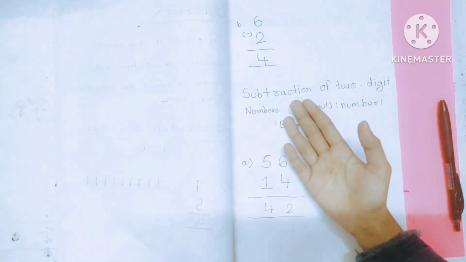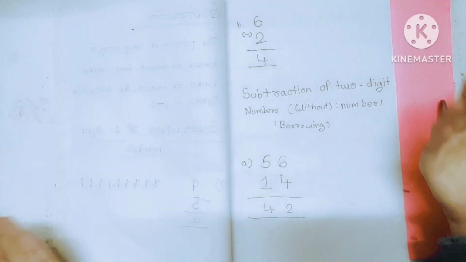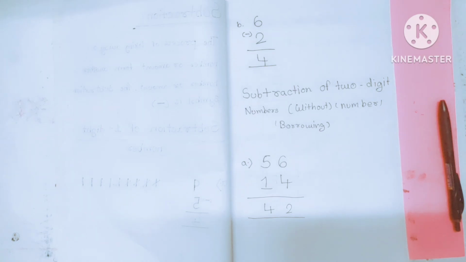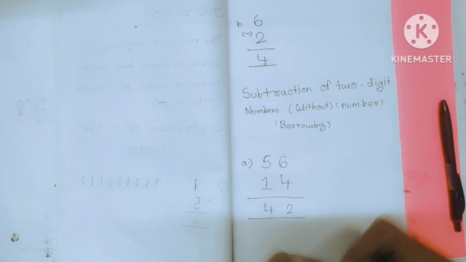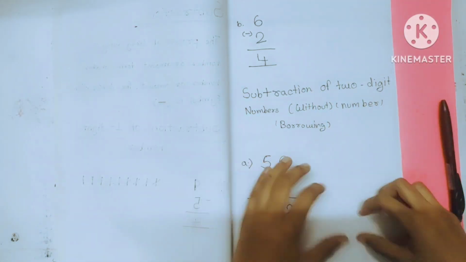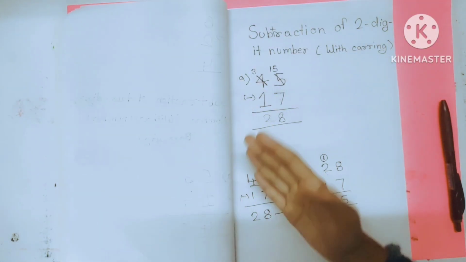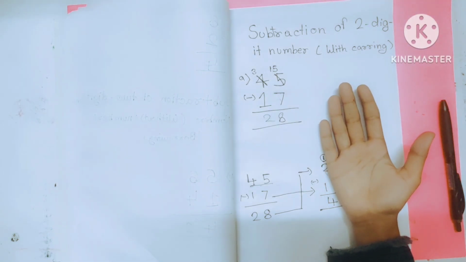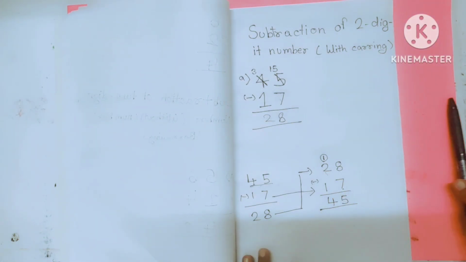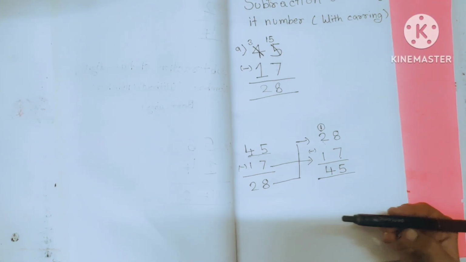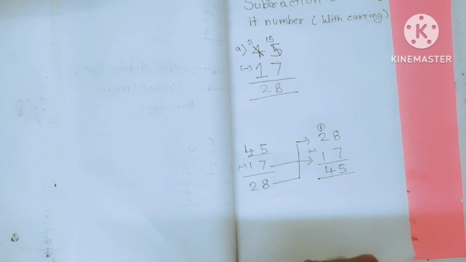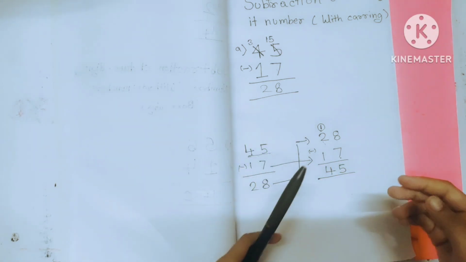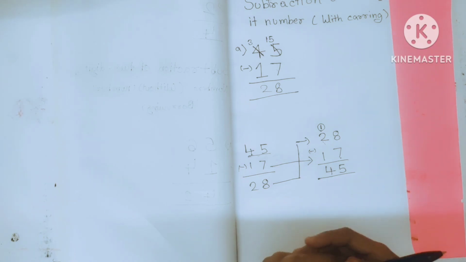And also subtraction of two-digit numbers without borrowing, with hands. Subtraction of two-digit numbers with carrying, with borrowing. And a trick to know whether our subtraction is wrong or not. So this is what we learned today.